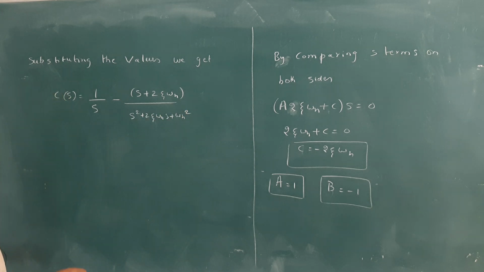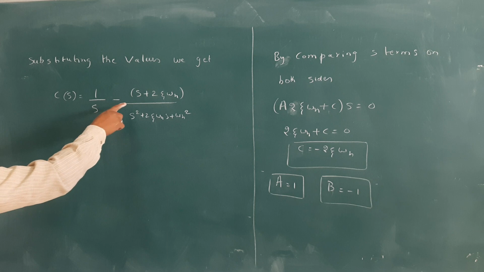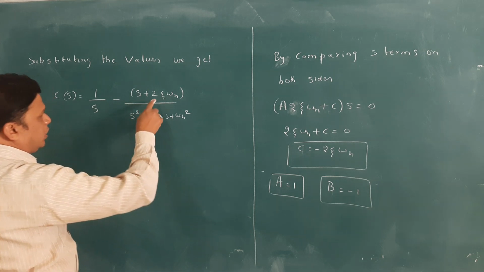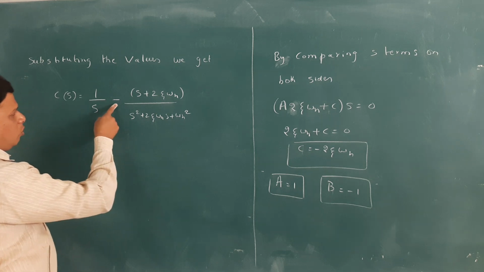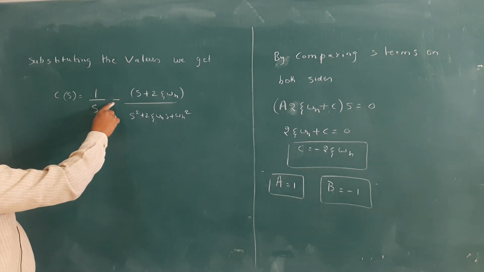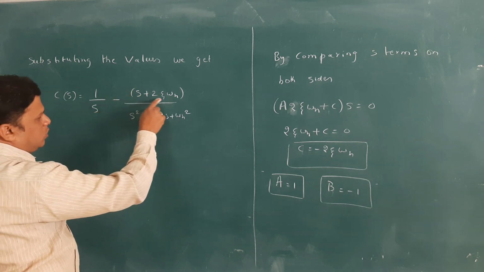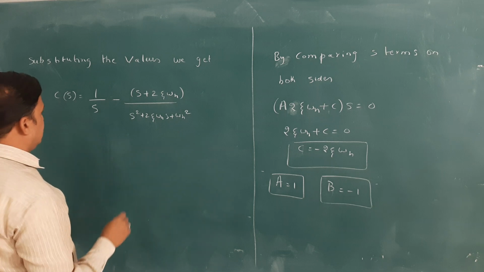Why? Because it was a by s plus (bs plus c). So c is minus 2 zeta omega n and b is minus 1. So taking out minus common and putting s plus 2 zeta omega n, the values remain the same.